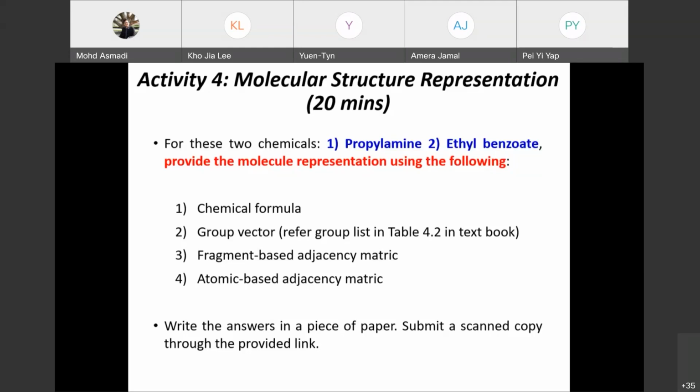Go to page 11 of the Jamboard. This is the link for activity 4, part 3.